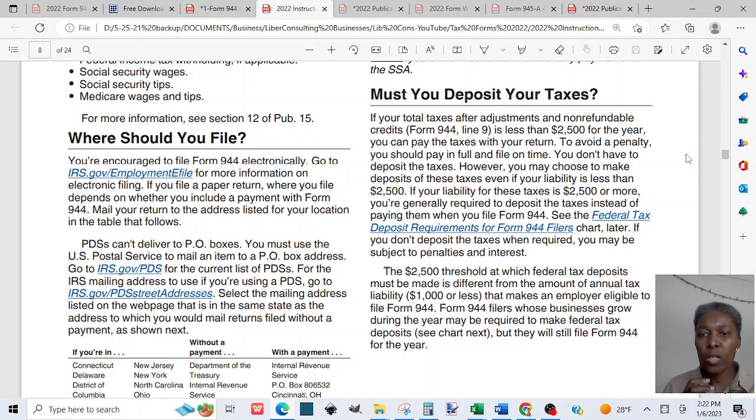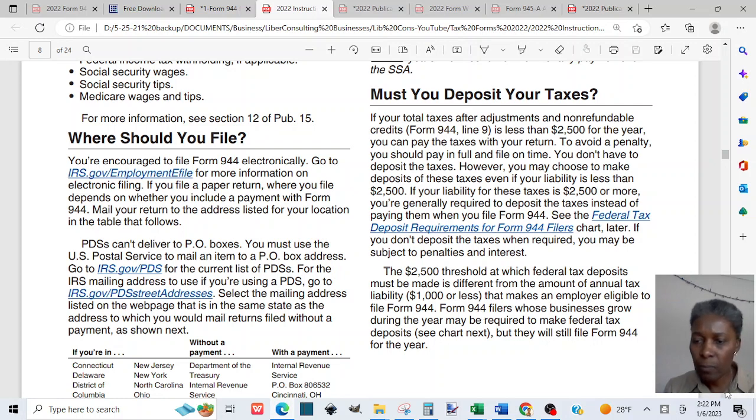You can deposit it as well, but you don't have to deposit the tax. However, you may choose to make deposits. And the 2,500 threshold at which federal tax deposit must be made is different from the amount of annual tax liability, 1,000 or less, that makes an employer eligible to file Form 944.